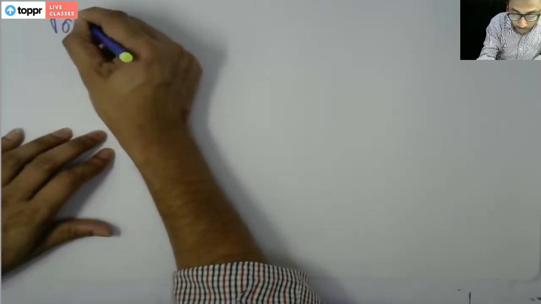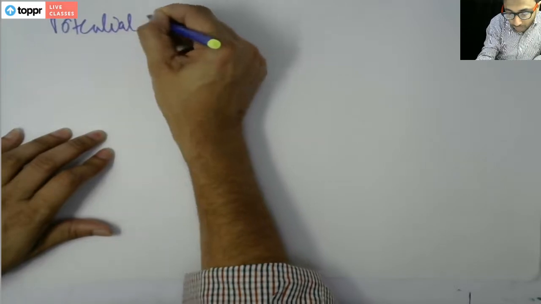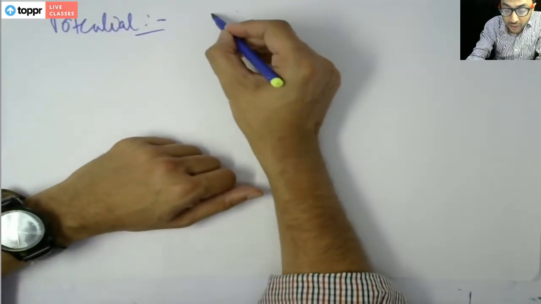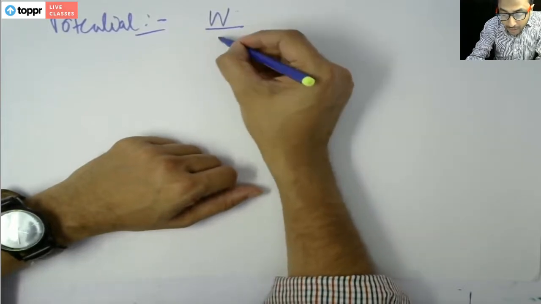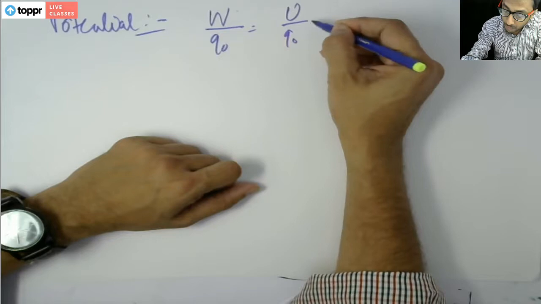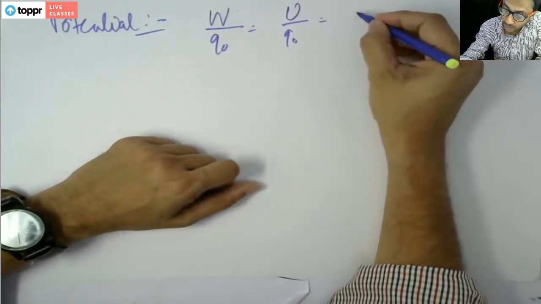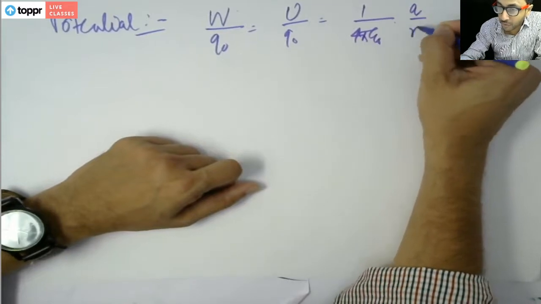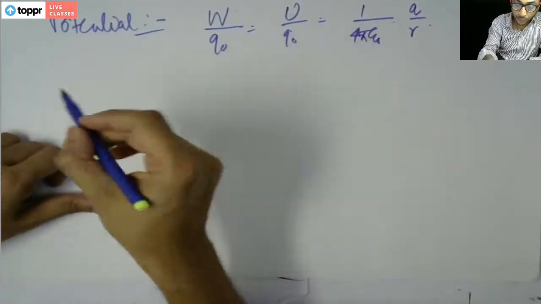Now what is potential? Potential is nothing but potential energy per unit positive charge, that is U by Q0. So for one point charge you have V equals 1 by 4 pi epsilon 0 Q by R. Right?